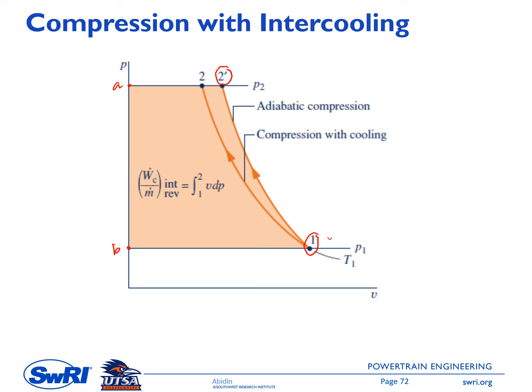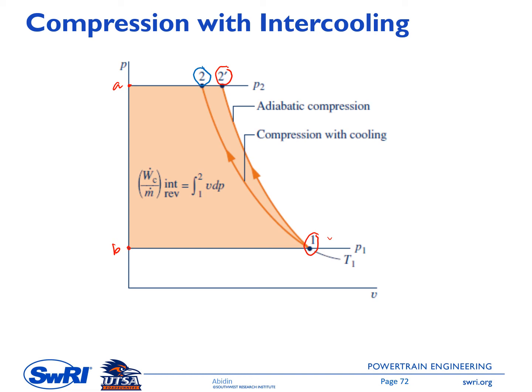And then assuming that we have a cooling during the compression process, the process line will shift to the left. So we have the second process line here connecting point 1 and point 2. This is a process line of compression with cooling.